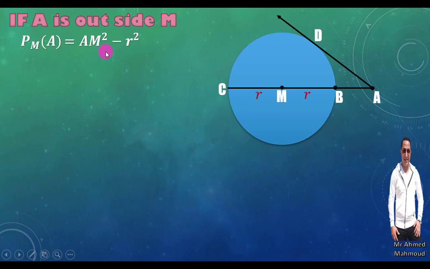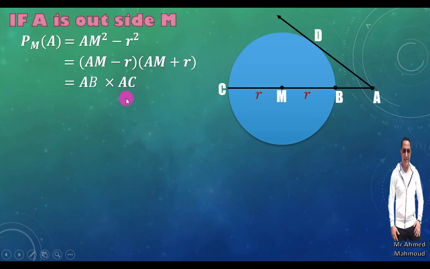I can factorize this into two brackets, AM minus R and AM plus R. Now AM minus R: by looking at AM, this is AM from A to M. If I subtract R from AM, the remainder will be AB. And AM plus R, if I have AM and add R, gives me AC. So that one equals AB and that one equals AC.